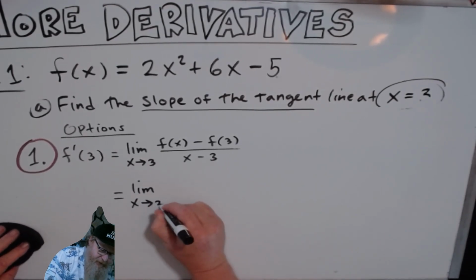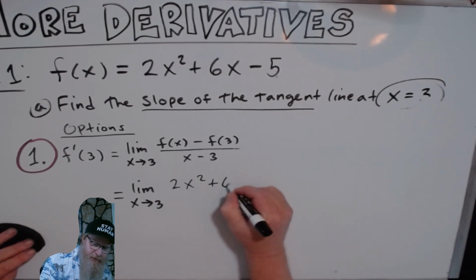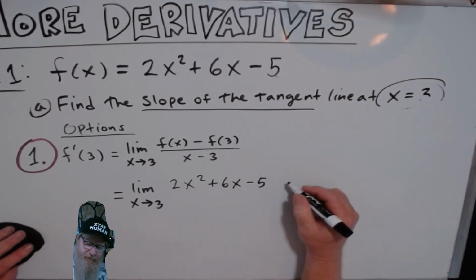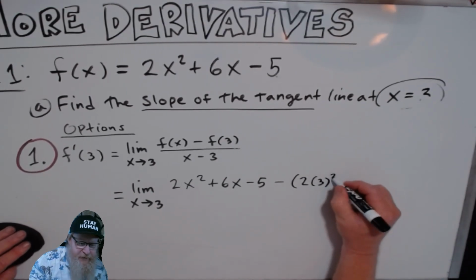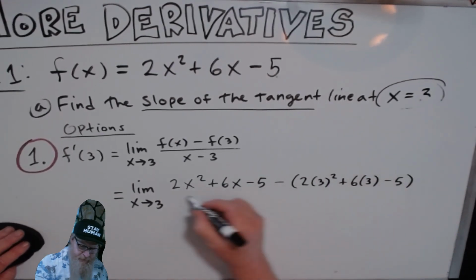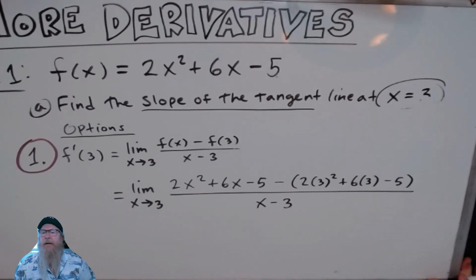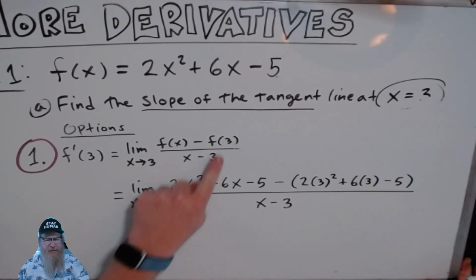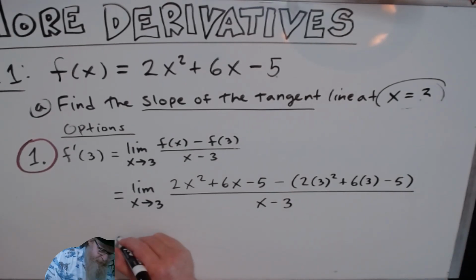The limit as x goes to 3 of 2x squared plus 6x minus 5 minus (2 times 3 squared plus 6 times 3 minus 5) all over x minus 3. So this is f of x, this is f of 3, and then this is x minus 3.